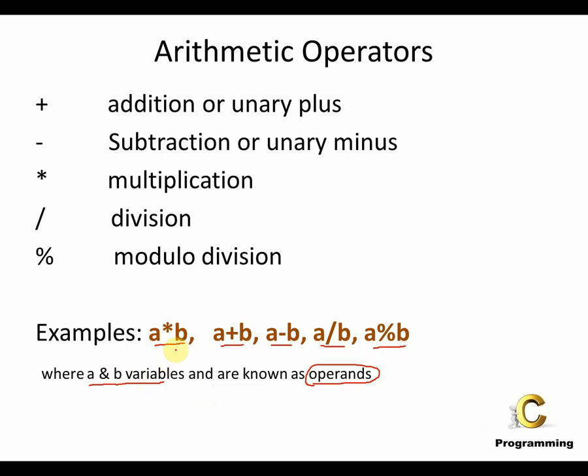Now you have to remember that if the variables or the operands A and B are of the type real, then that particular arithmetic operation is called real arithmetic, and the result will also be real. But if both these operands are of the type integer, then that particular arithmetic is termed integer arithmetic, and the result will also be an integer.